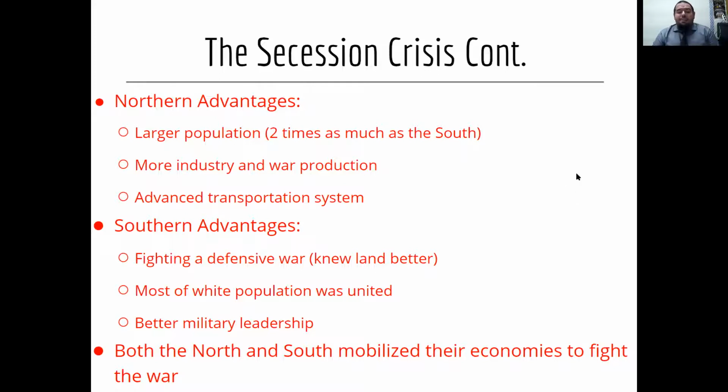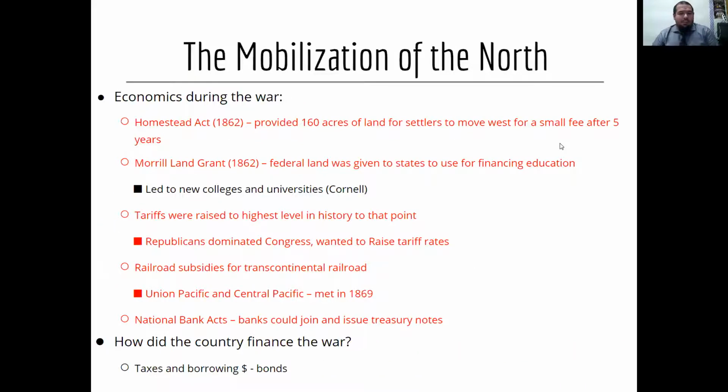And remember, they also had better military leaders. And that comes with the educational opportunities. Even though they are few and far between in the South, they had strong military academies. And both the North and South will mobilize their economies to fight for the war.